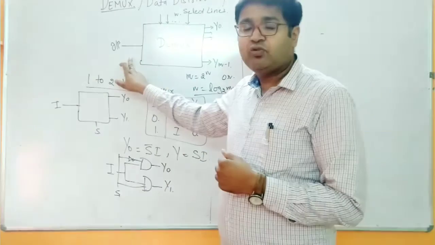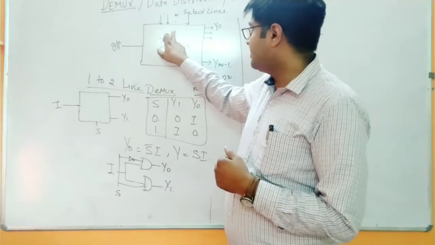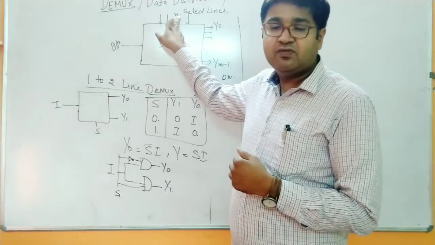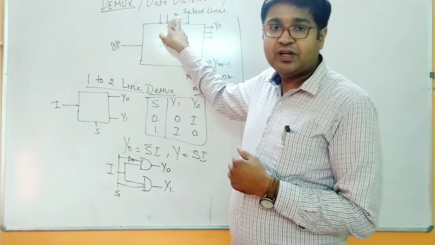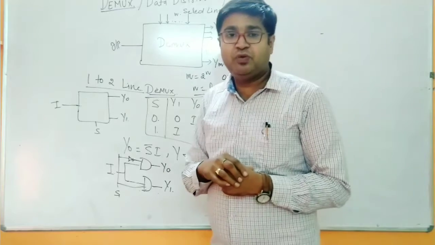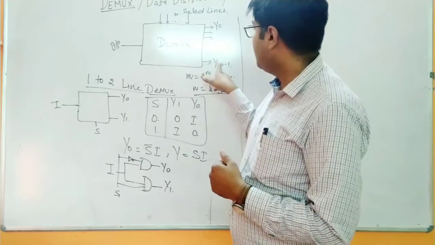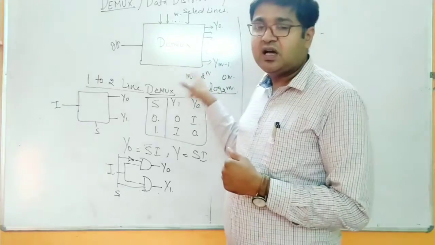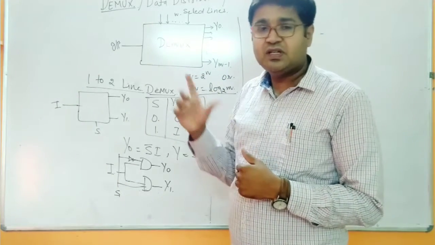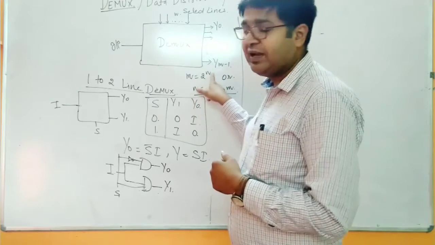Three things are quite essential for this: the input, the selection lines, and m outputs. The relationship between the outputs and selection lines is the same as in the multiplexer: m equals 2 to the power n.